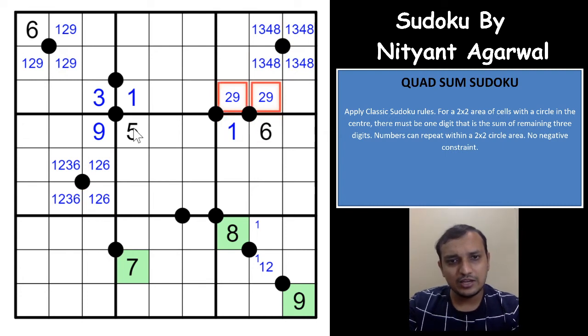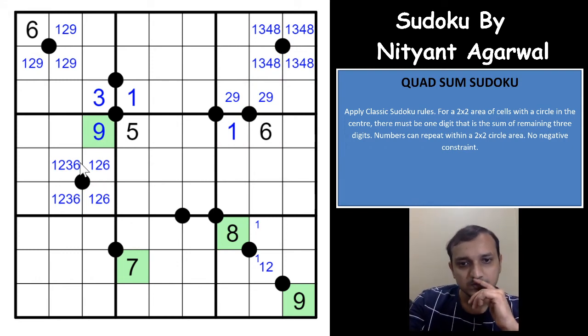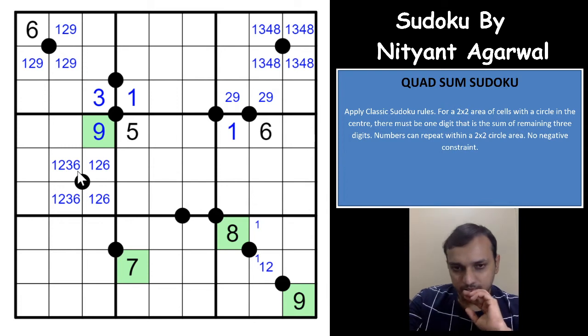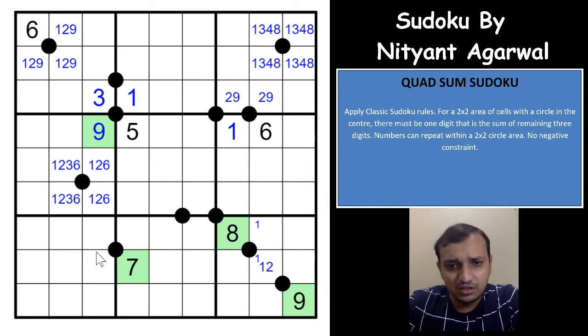Okay, so as you can see here, this was the sum cell here, and there will be some cell of the 9 here, some cell of the 6 here. Okay, and the next part of the logic is, can a 7 sum be used without having a 1?